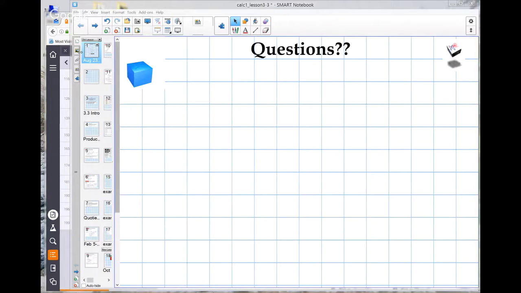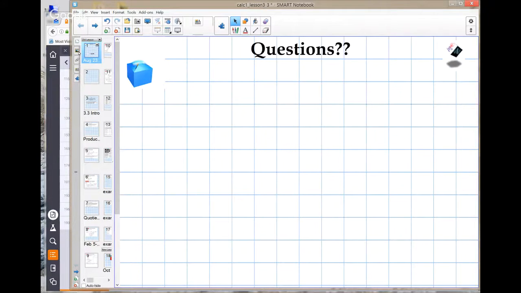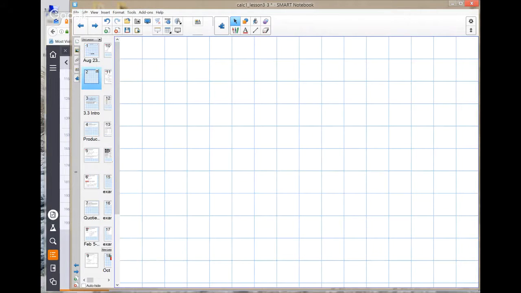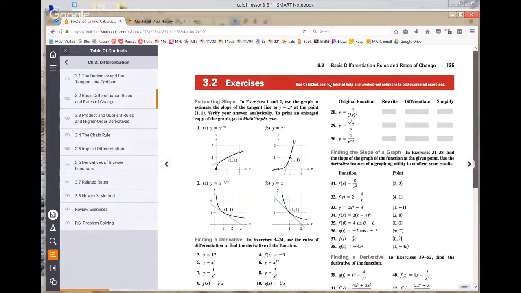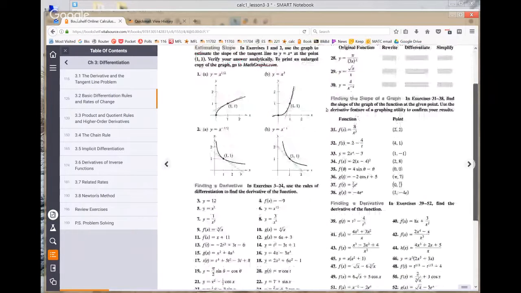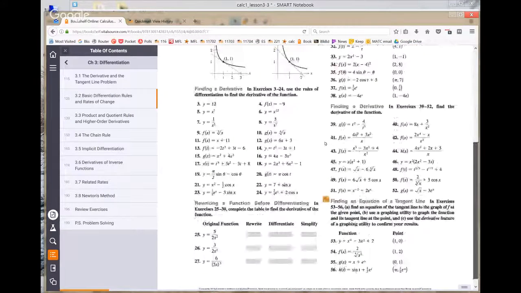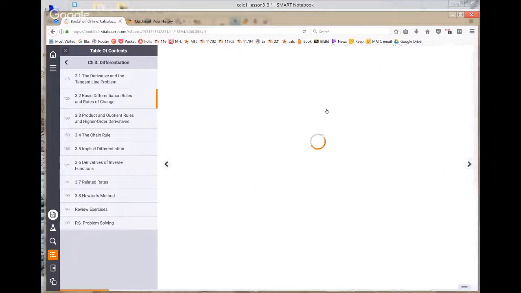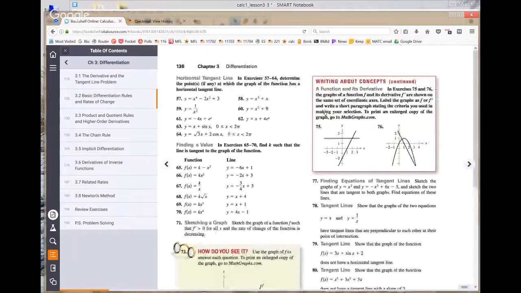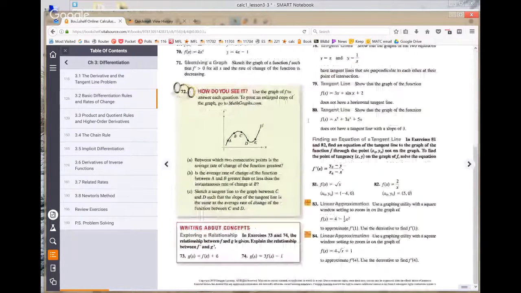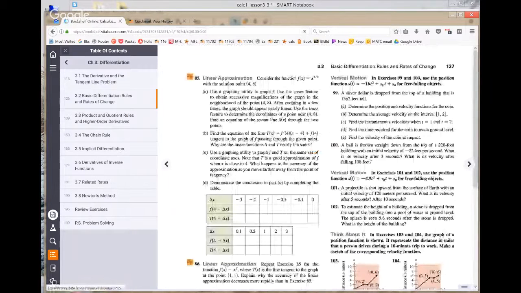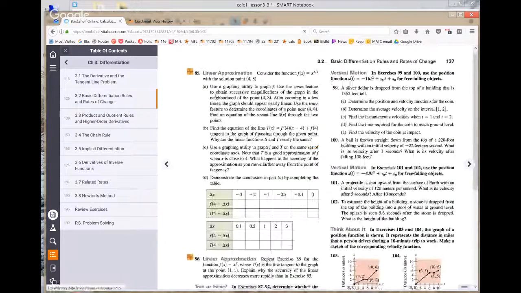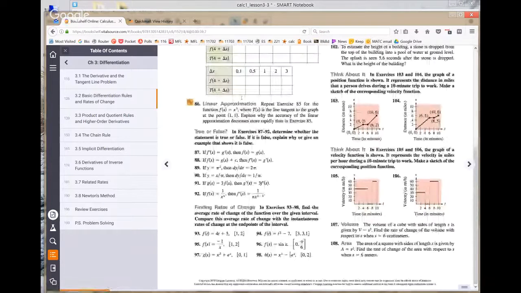Let's see. I'm going to go to a blank slide here, and then what I'm going to do is just grab the question here, if I can find it. Okay, true or false?